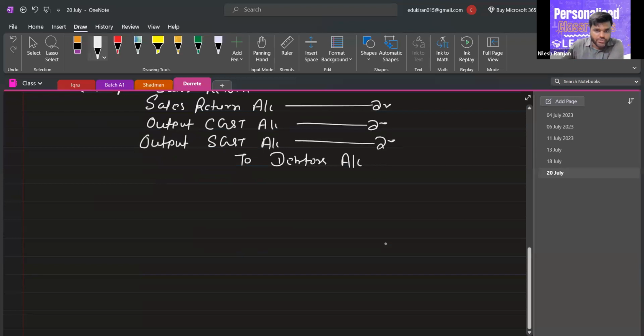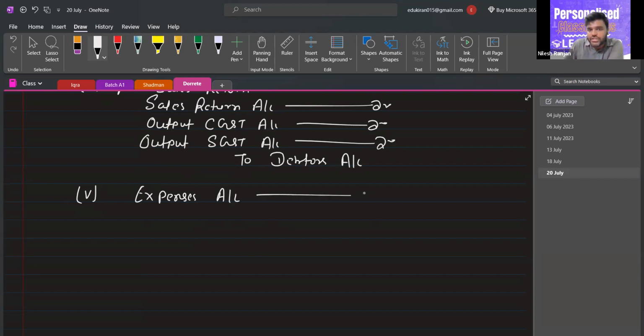Now the expenses. Actually, GST is applicable on income and expenses for any kind of service. So for expenses, the entry we had done was expenses account debit to cash. But when GST is applicable, it will be input CGST account debit.